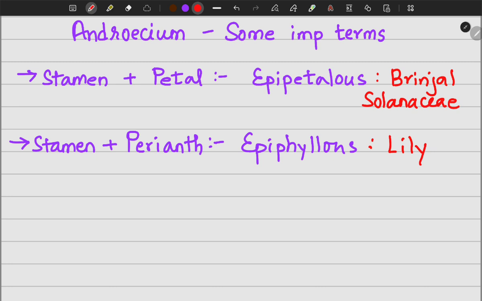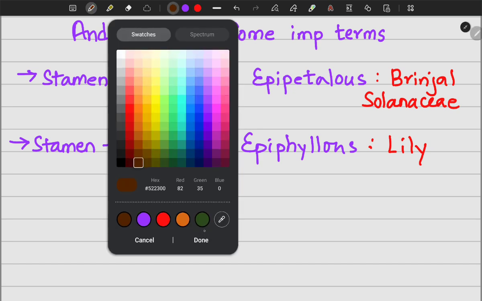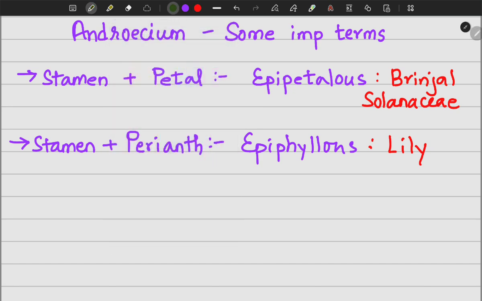Alright, so this was about the conditions when the stamen is found attached to some other part of the flower. Now let us learn about the conditions in which the stamen may be attached to themselves and form a bundle. Alright, so the stamens can be free or attached to each other.